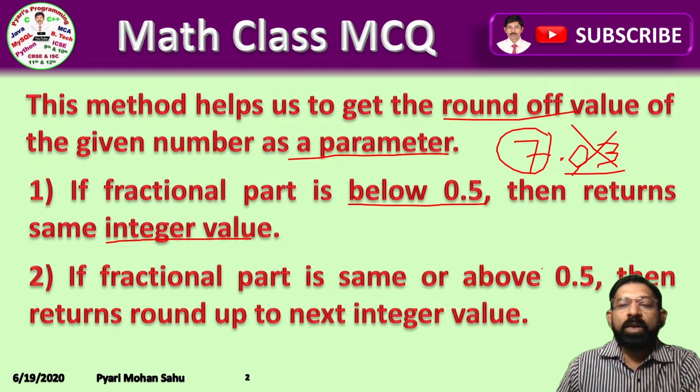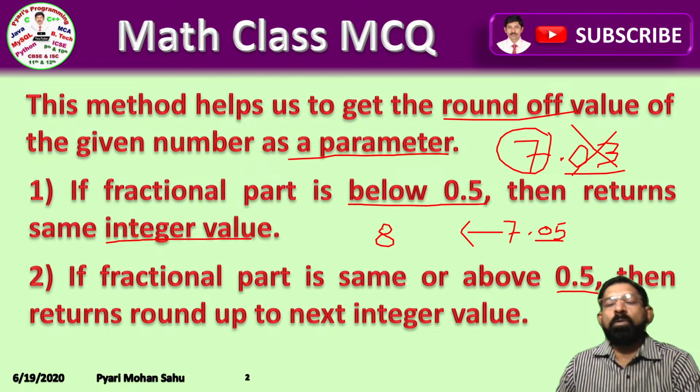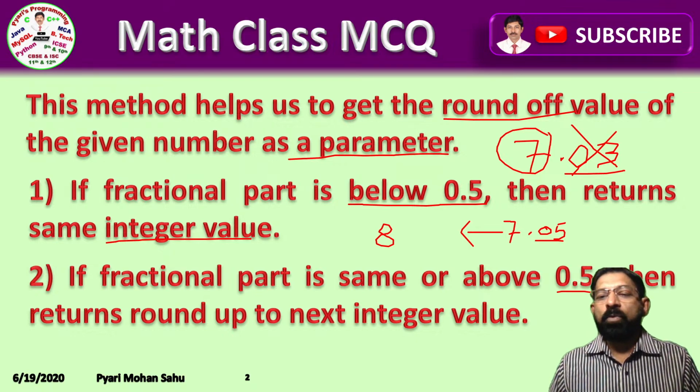Next point, if the fractional part is same or above 0.5, that means if it is 7.05 or 7.06, 07, 08, 09, including 0.5, then it rounds up to the next integer value. Round up to the next integer value is 8. Though it is an integer value, it cannot be 8.0. Hope I am clear to everyone.